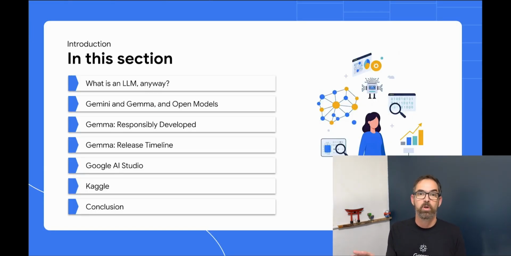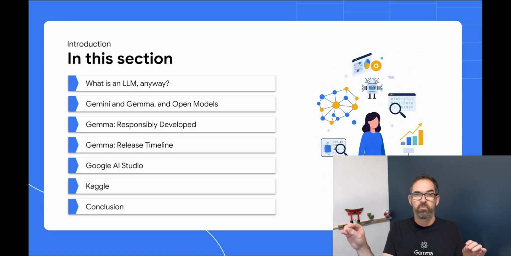So what we're going to go over today is we're going to understand, first of all, what is an LLM to begin with. And then from that, we can understand what is an SLM and open models. And then we're going to talk about the differences between Gemini and Gemma. We're also going to talk about Gemma in general, how to deploy it, how to test it.